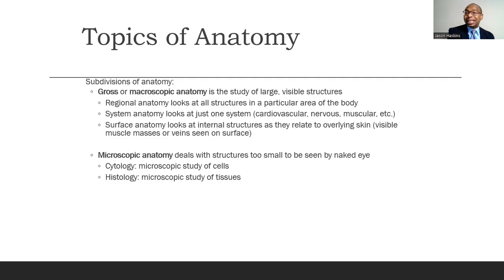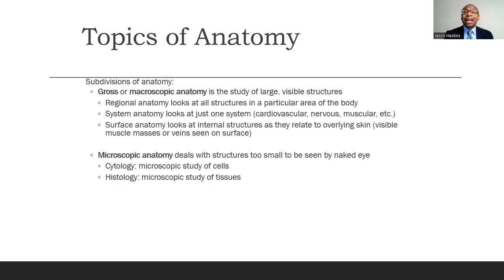So if you understand the general anatomy and physiology of what these structures are supposed to do normally, when those patients come to you with abnormal findings or abnormal things, it's much easier to help diagnose what's going on with this patient if you are a provider.